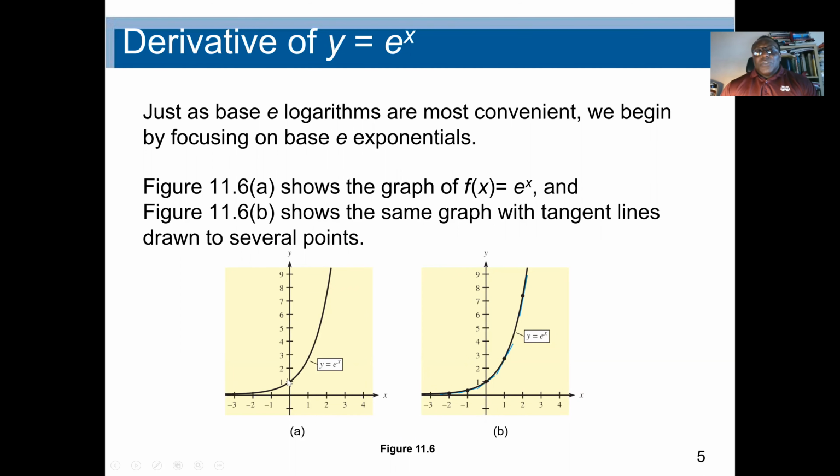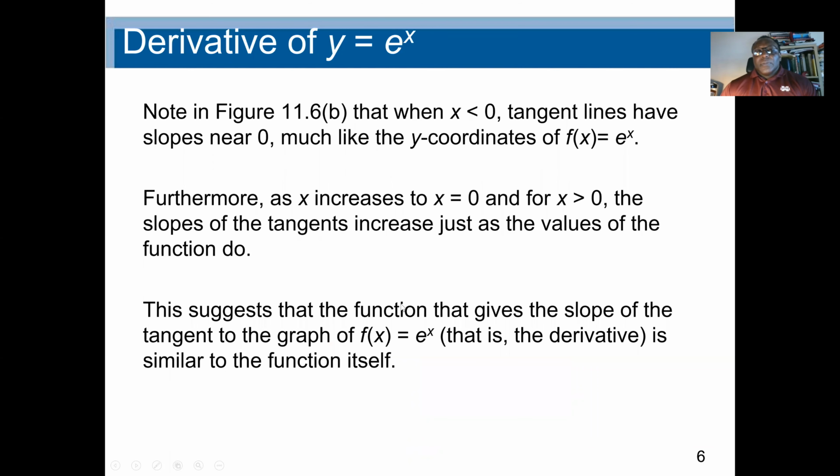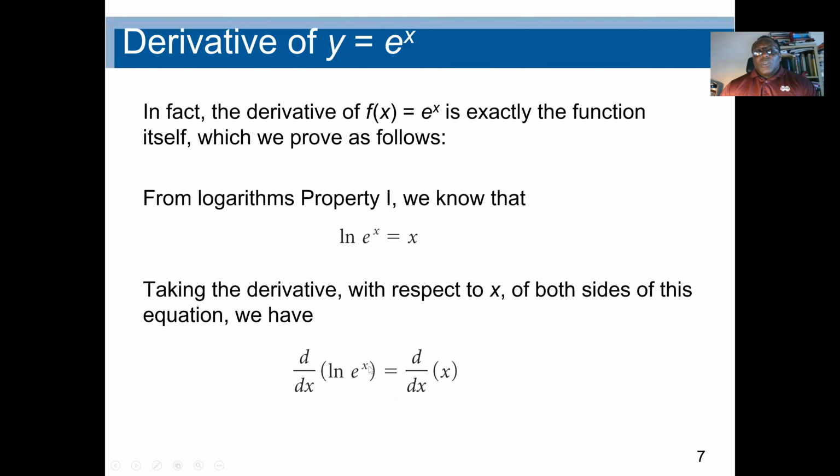So here is a graph of y equals e to the power x. And this is also, again, an exponential function. We shall go through this again; it is just a review. We know log property 1, which is in chapter 5 of the textbook: natural log of e to the power x is equal to x.